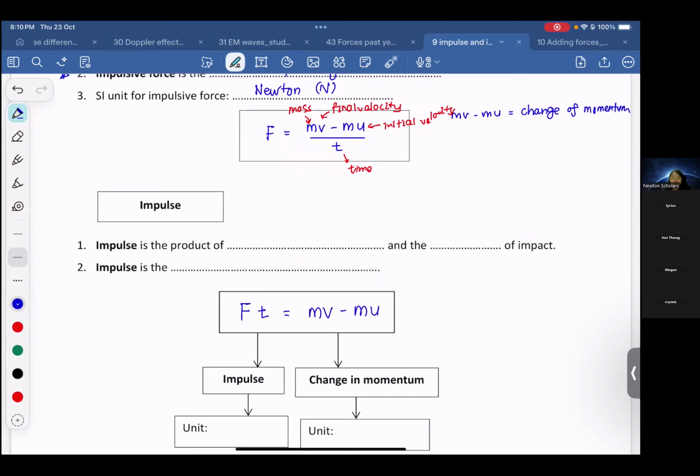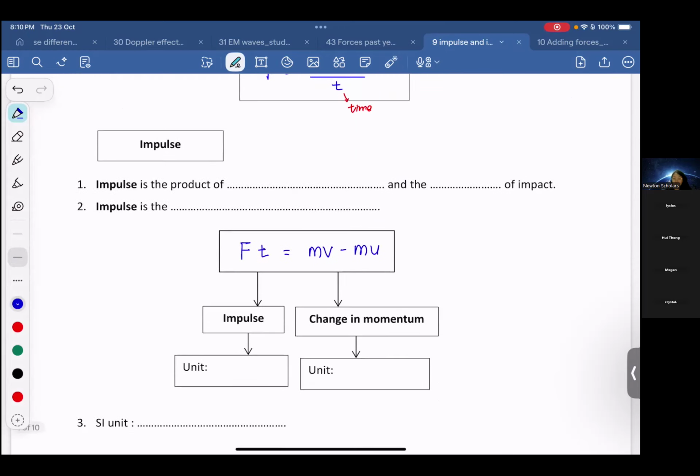For impulse, how do we calculate it? Actually we have two formulas. One of the formulas is force times time. Product means times. The product of force, or impulsive force, that doesn't matter, and the time of impact. Force times time is called impulse.